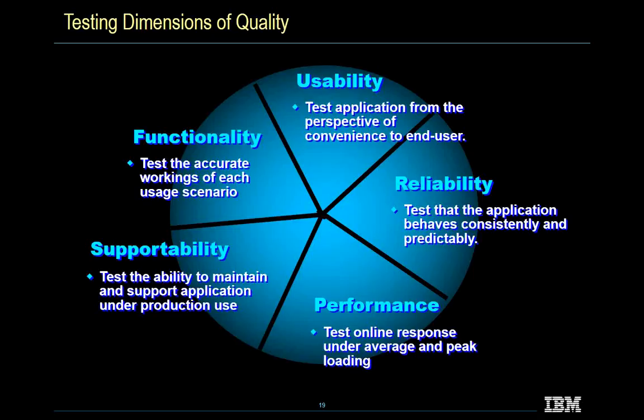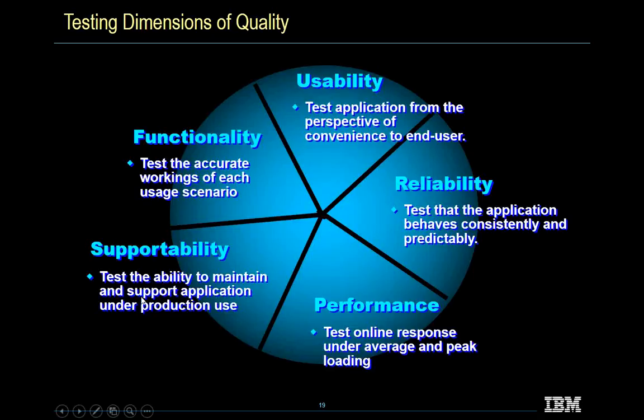We have to make sure that the performance of the software is correct, meaning how many users can log into the system concurrently or not. So, example of performance. It must perform well.